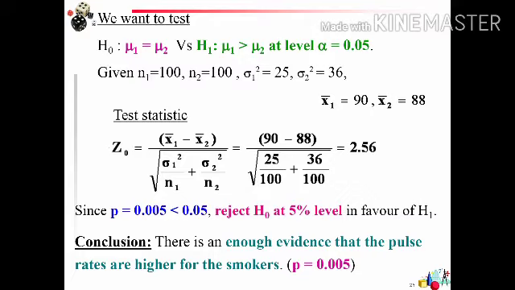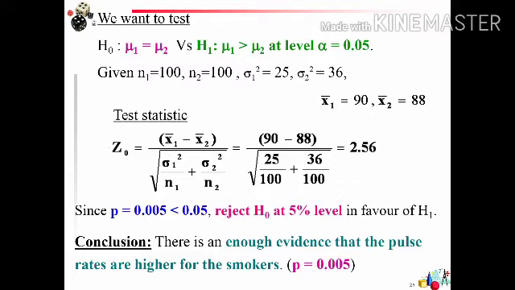So substituting these values in the test statistic, Z0 equals x1 bar minus x2 bar divided by square root of sigma 1 squared by n1 plus sigma 2 squared by n2. So we get the test statistic Z0 equal to 2.56.